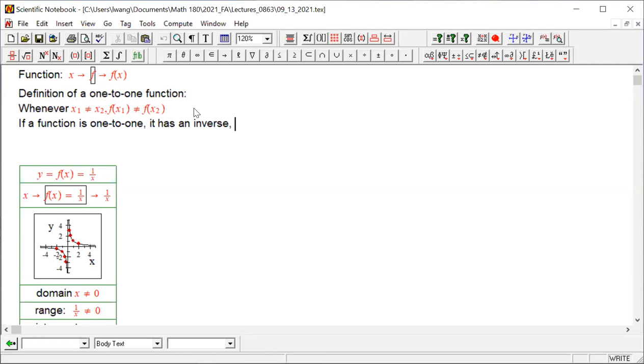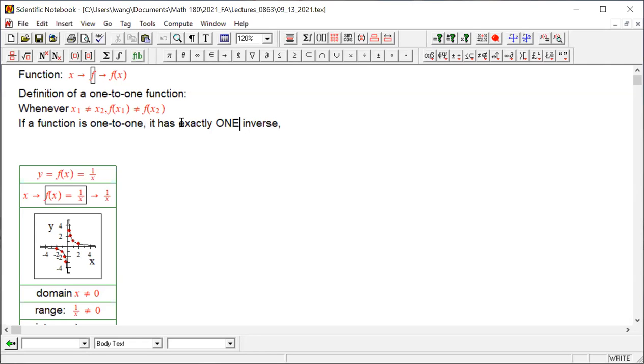What is more, it has exactly one inverse.